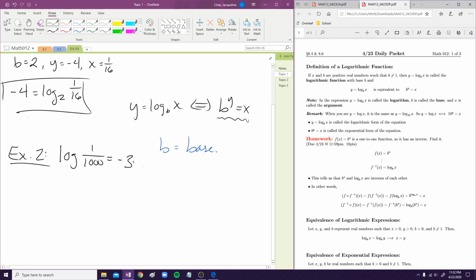Let me erase real fast. This is the same as saying log base 10 of 1 over 1,000 is equal to -3.